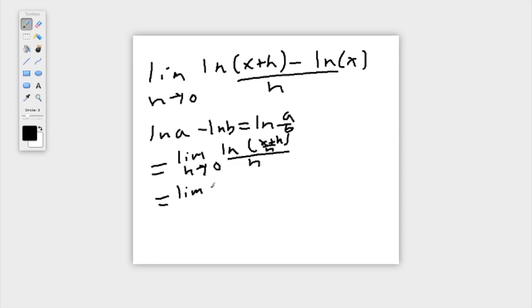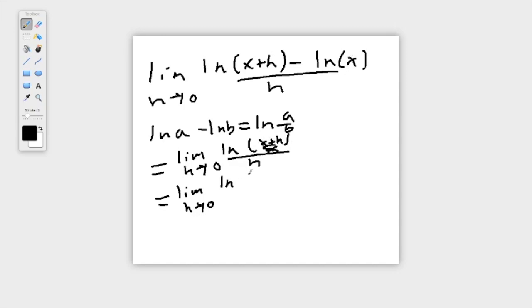What I mean is I'm going to cancel out the x's in the natural log. Because it makes no sense for h to come out of nowhere in ln x.